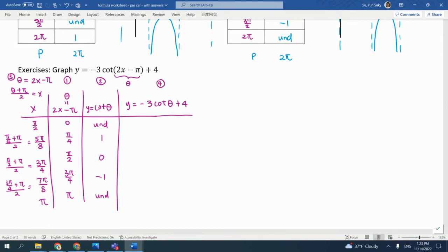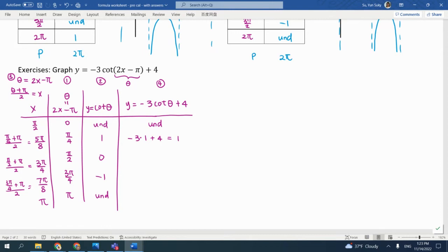Now, step 4. What are our y values? By the way, if you plug in undefined, it's going to be undefined. Do you agree? So, undefined. Now we plug in 1. See? -3 times the cotangent, which is 1, plus 4. That is 1.